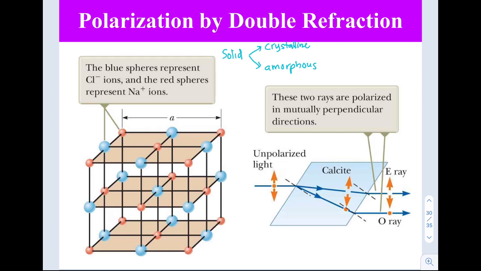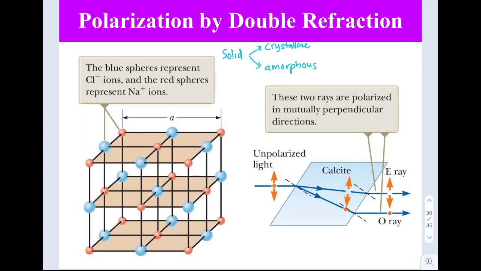Hence, this type of material is often referred to as double refracting or birefringent materials. When unpolarized light enters a birefringent material, for example calcite, it may split into an ordinary ray, symbolized as O ray, and extraordinary ray, symbolized as E ray.